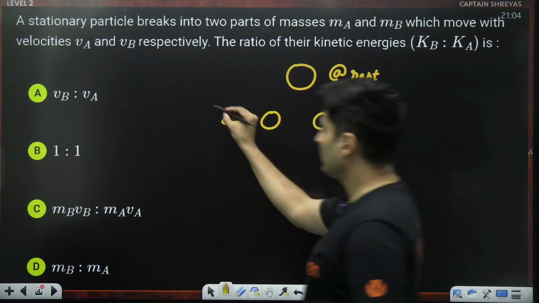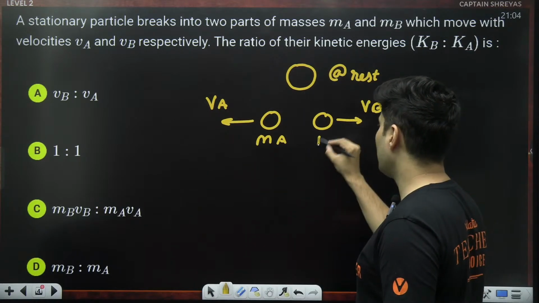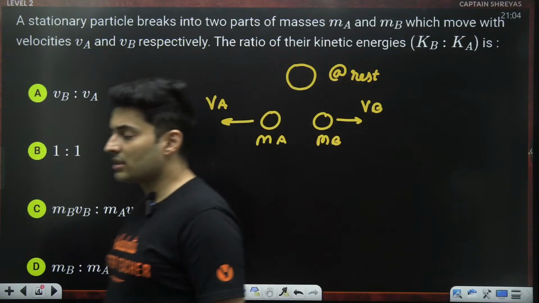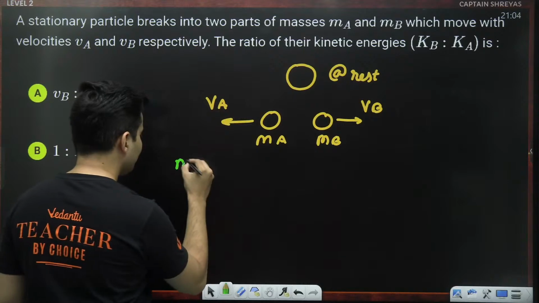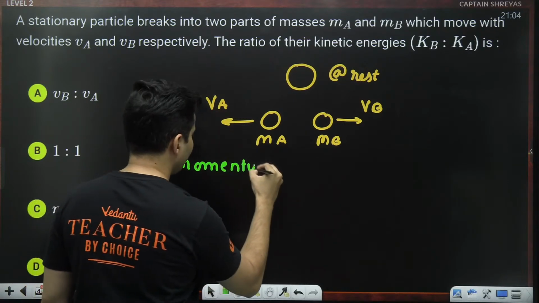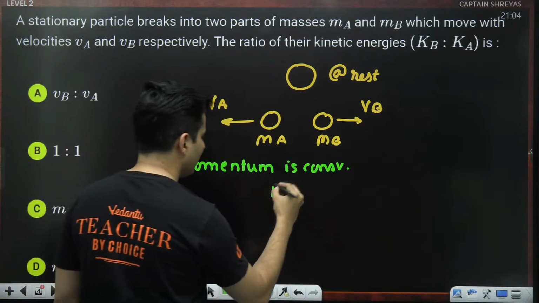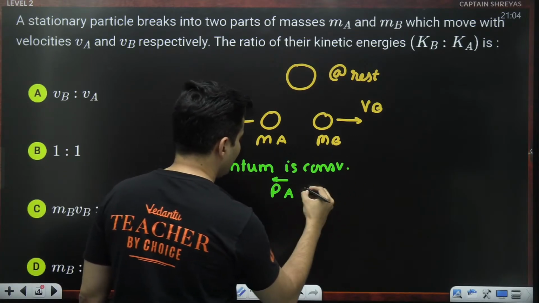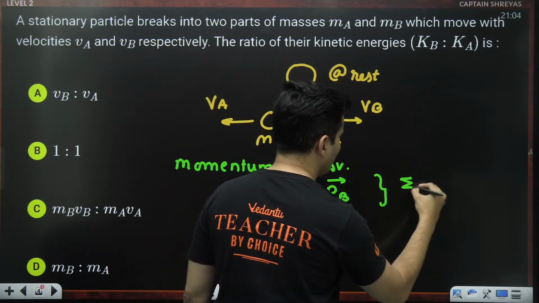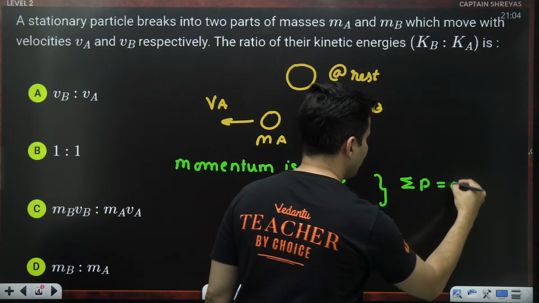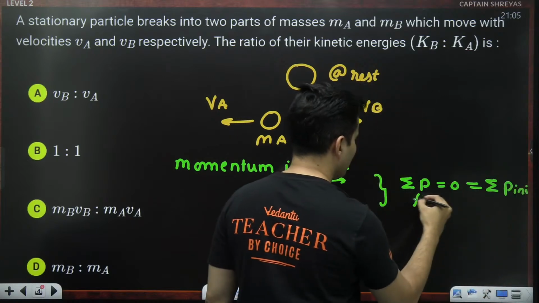Let's say this is Va, this is mass A, this is Vb, this is mass B. Their velocities will be dependent on the masses because momentum has to be conserved. And because the momentum is conserved, momentum of A, which is this way, should be equal to momentum of B, which is that way, because of which the total final momentum becomes 0, which is also the total initial momentum.